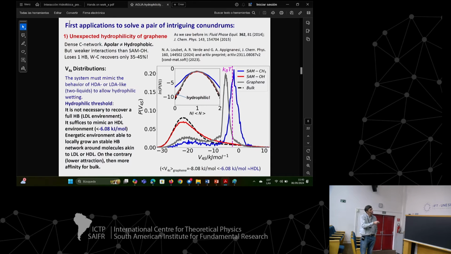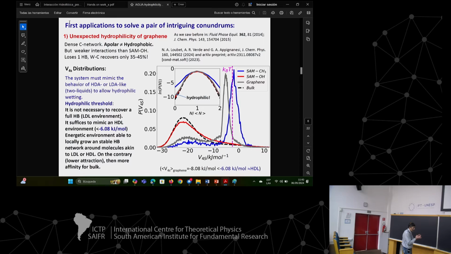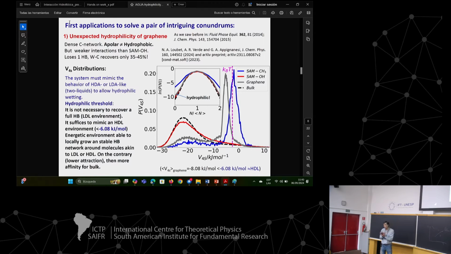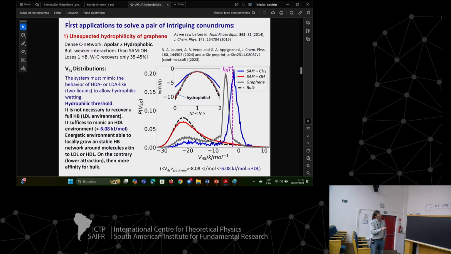And this is one measure I showed you before: the probability of cavity creation, that is, the probability of emptying a small observation sphere tangent to a surface. Here we are looking at graphene, and also two of the self-assembled monolayers I showed you yesterday.